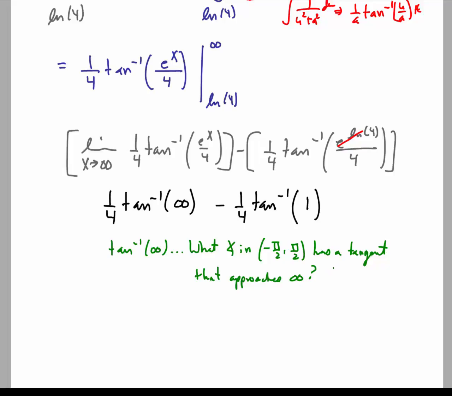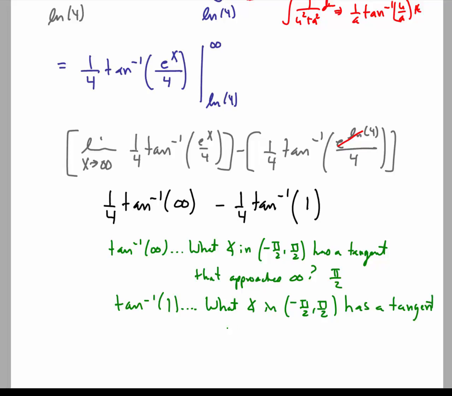And the answer there is pi over 2, and I'll explain why that is in a moment. Next one is inverse tangent of 1. What angle in the interval from negative to positive pi over 2, points not included, these are parentheses, has a tangent of 1? And the answer there is pi over 4.